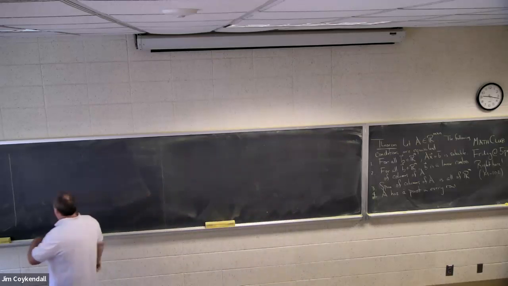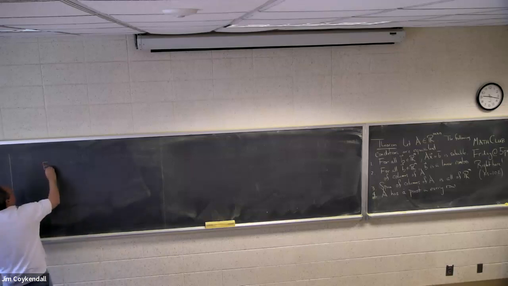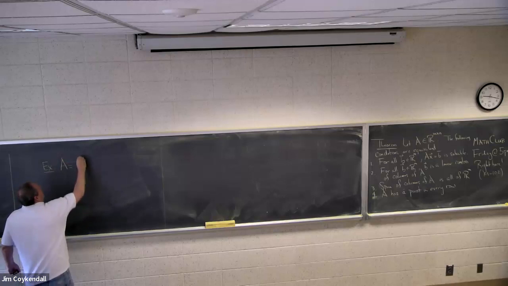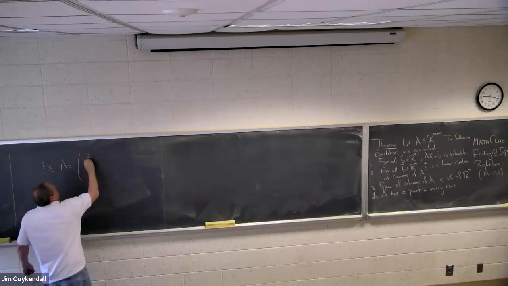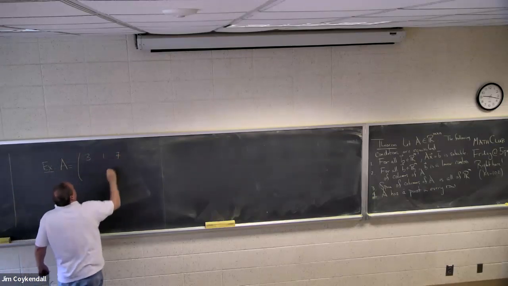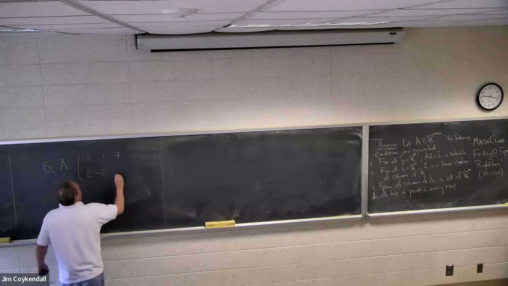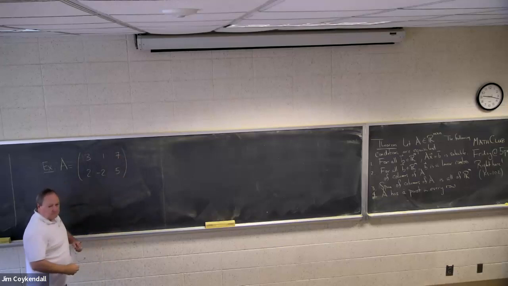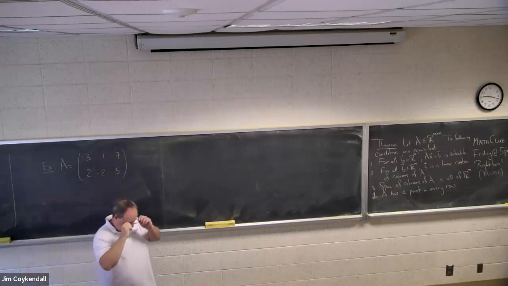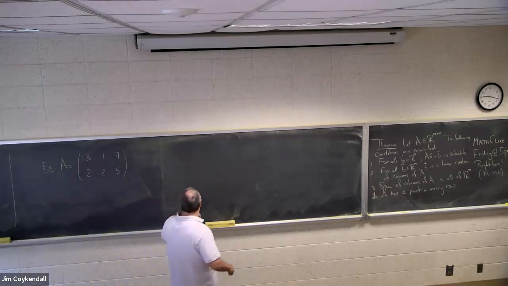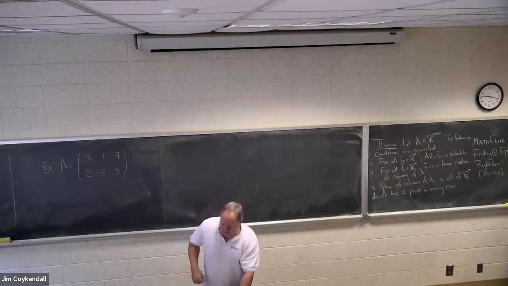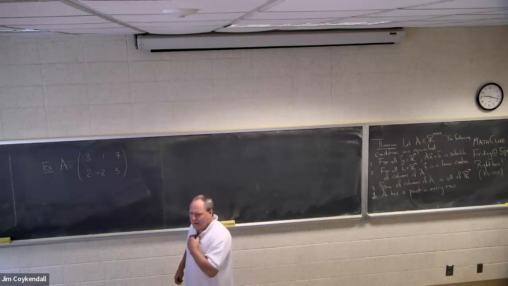So let's give an example. Let A be the matrix with rows 3, 1, 7 and 2, -2.